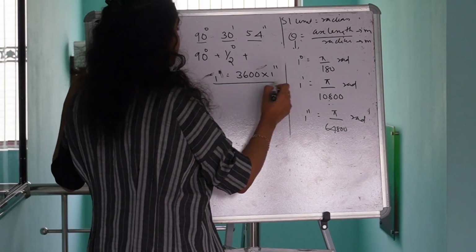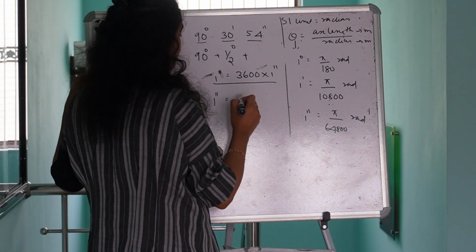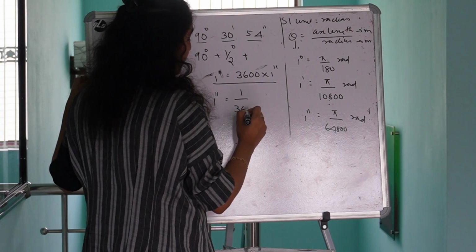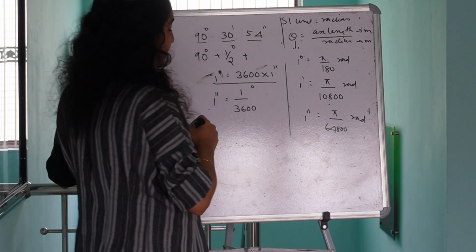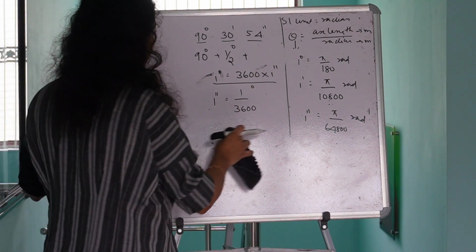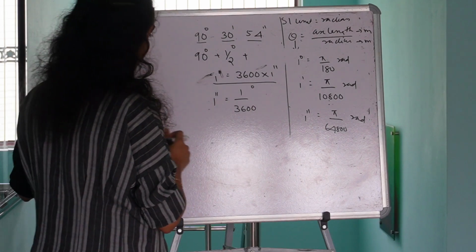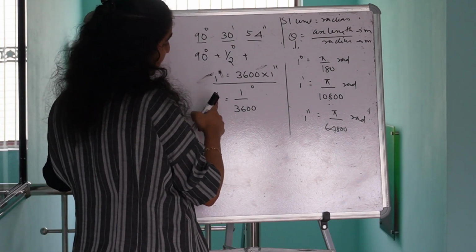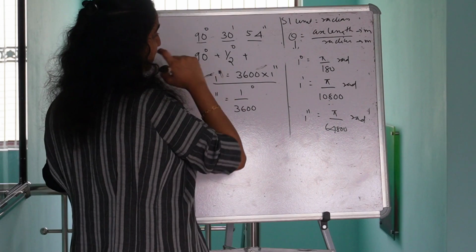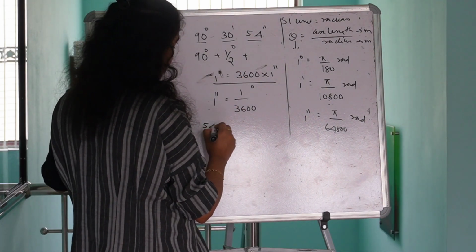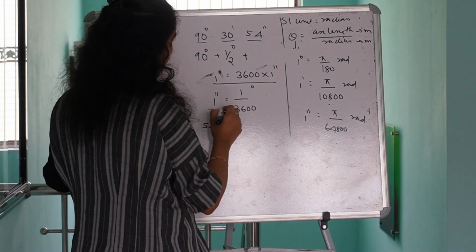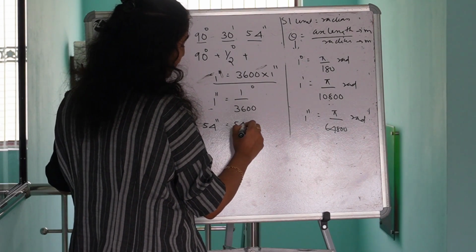So from this equation I find 1 second is equal to 1 divided by 3600 degree. From this equation I can find what 54 seconds is equal to by simply multiplying by 54.